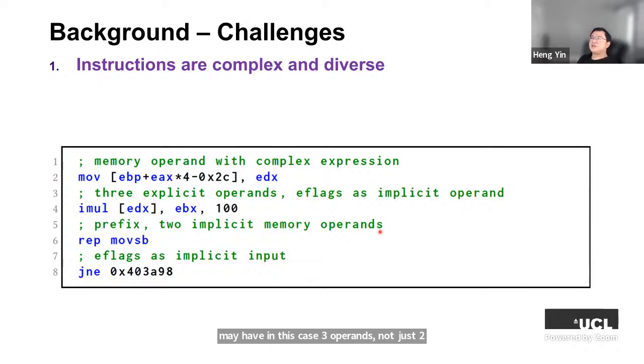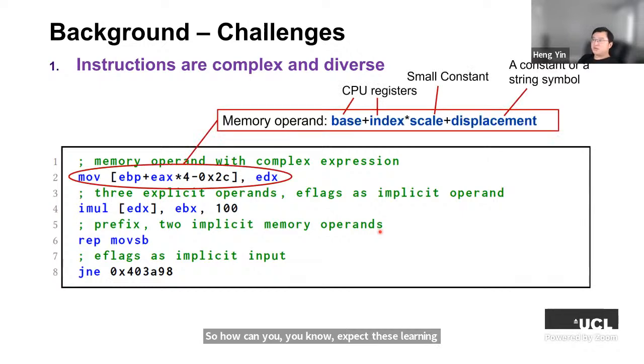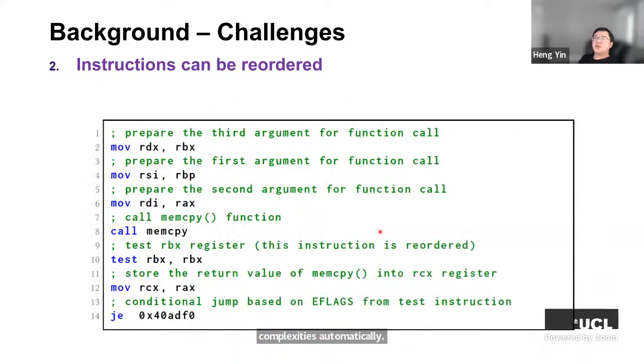It may have implicit operands, like EFLAGS is an implicit operand. You may have a prefix and implicit operands in this rep movsp instruction. And the last one, essentially, EFLAGS is an implicit input operand. So how can you expect these learning algorithms to learn all these complexities automatically? Just a few examples.